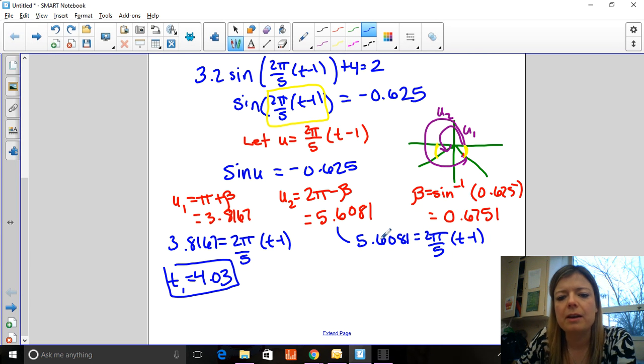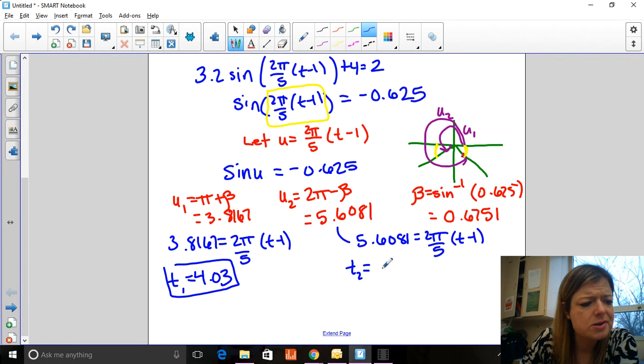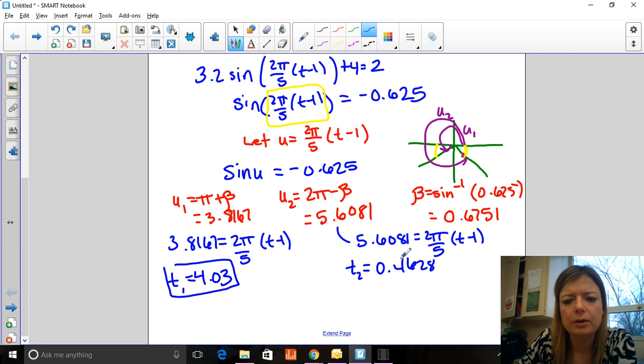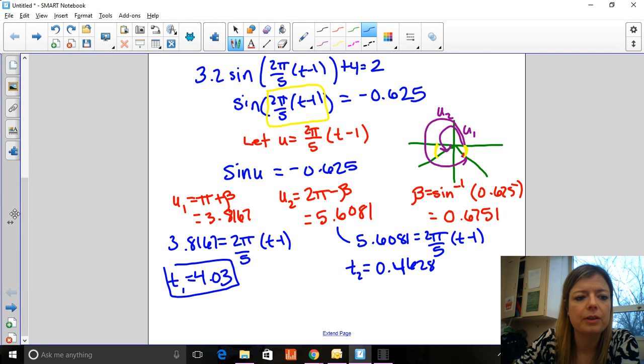So again, I multiply by 5, divide by 2 pi, and add 1, and I get t2 is equal to 0.4628.